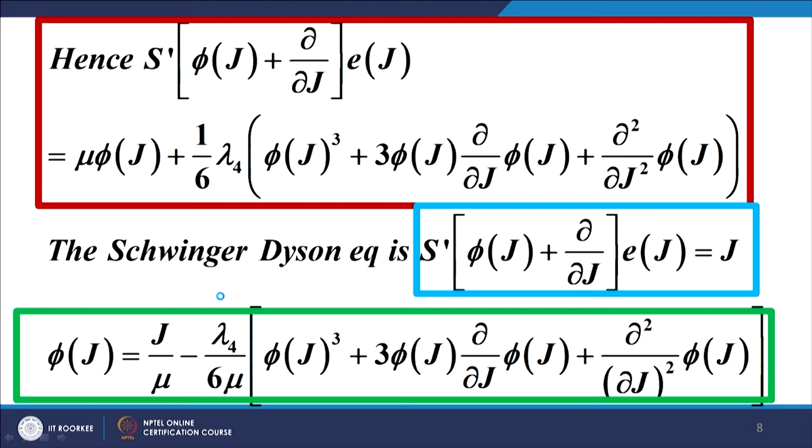This represents the Schwinger-Dyson equation, the field equation for the phi 4 field. The expression in the green box, the S dash, was given by this. Now, the Schwinger-Dyson equation is S dash is equal to j.